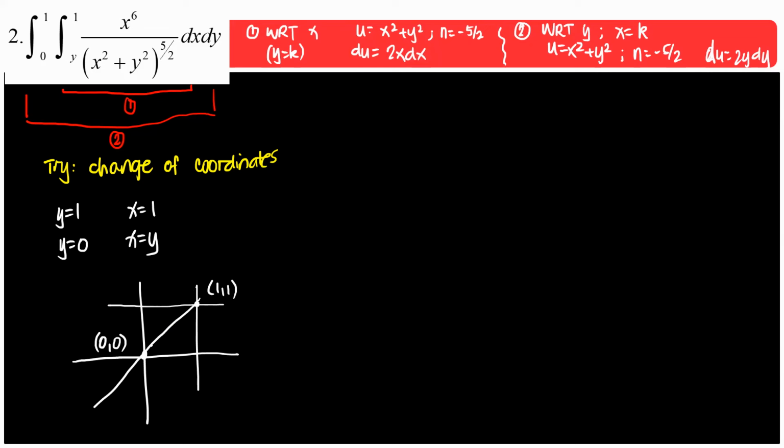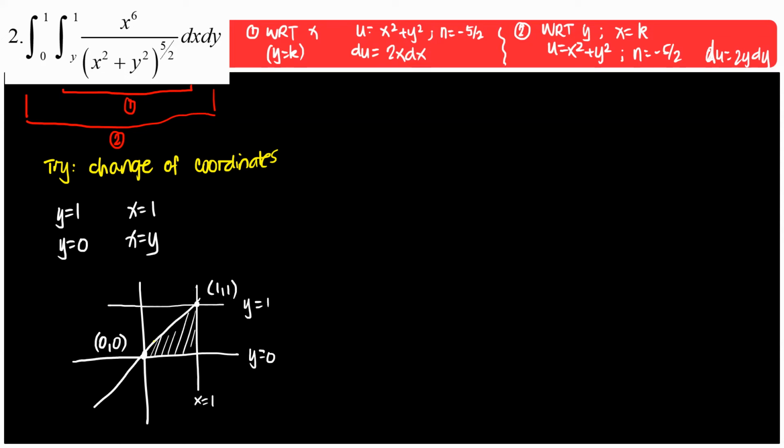So it should be the lower portion because it's from x equals y, the line, up to x equals 1. This line here, x equals 1. Y equals 0, up to y equals 1. So it should be the lower triangle.